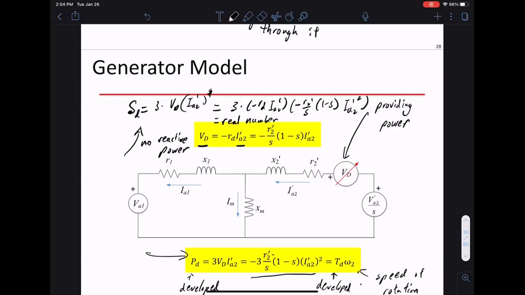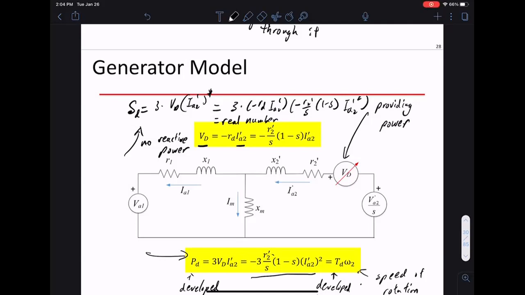I cannot get reactive power out of this source, just because my developed voltage is 180 out of phase with the developed current, or in phase with the developed current, depending how you count it. But there's no imaginary part out of this complex power.